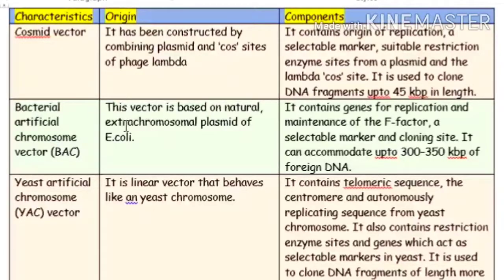This vector is based on the natural F plasmid, and it can do cloning up to 300 to 350 kb, and we used it in the Human Genome Project also. YACs, yeast artificial chromosomes, contain telomeric sequences, a centromere, and an autonomously replicating sequence, and can do cloning of more than 1 megabase pairs.